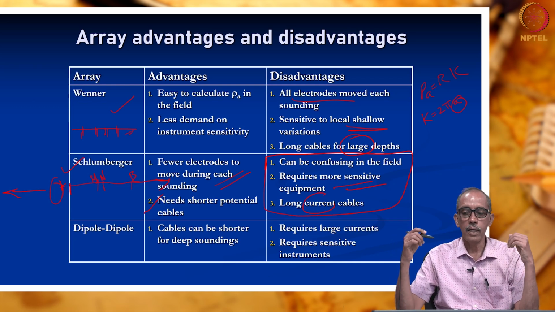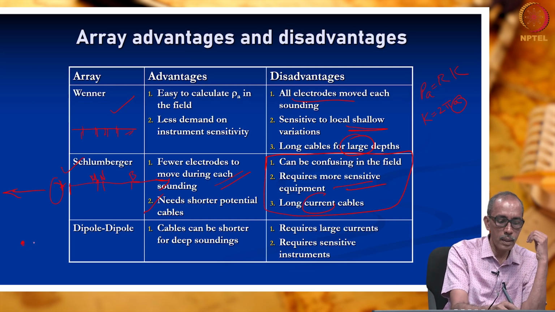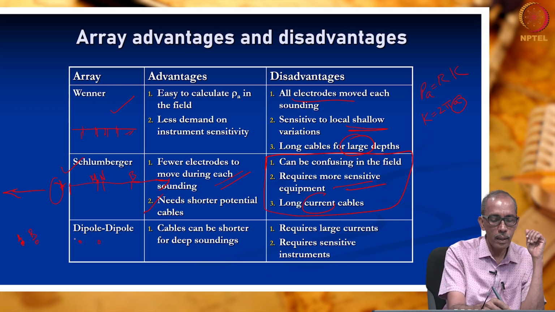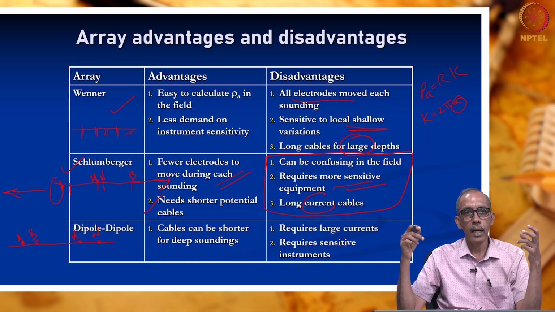Then the third electrode arrangement is the dipole-dipole arrangement. What is dipole-dipole arrangement? In dipole-dipole arrangement, A and B are kept as a pair somewhere and M and N are kept at some distance, right. This is the ground surface. This arrangement is known as dipole-dipole arrangement.